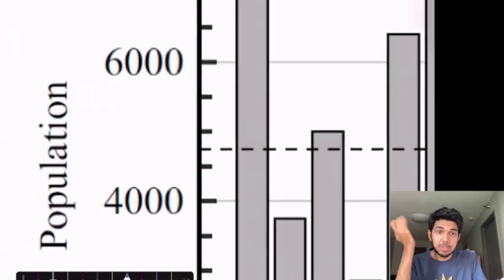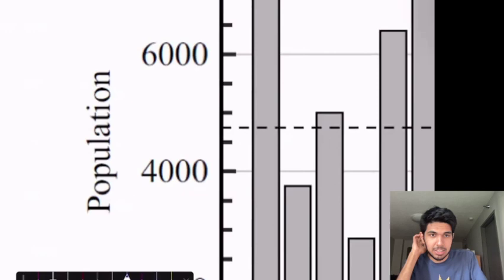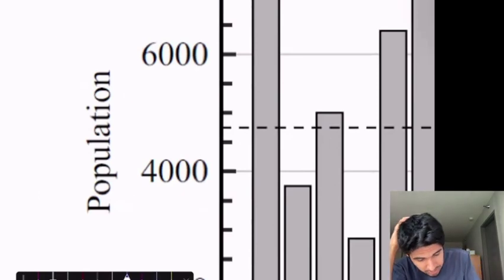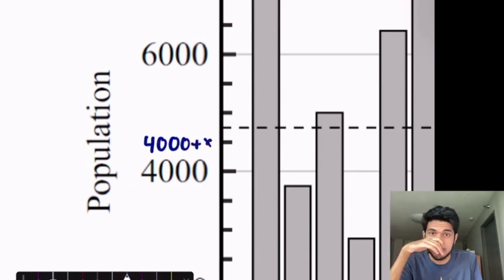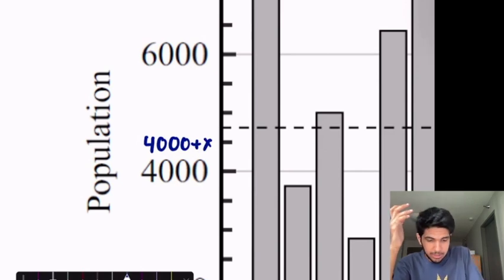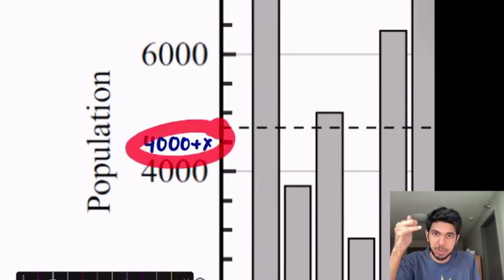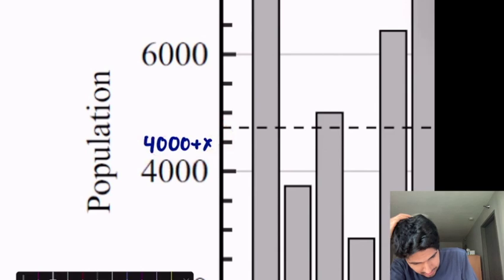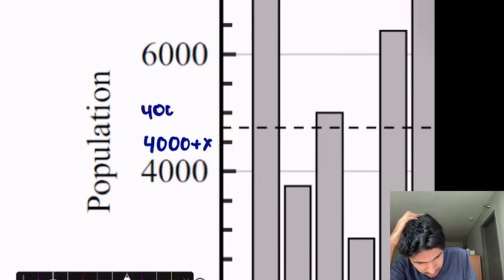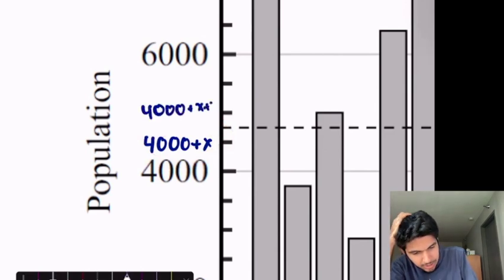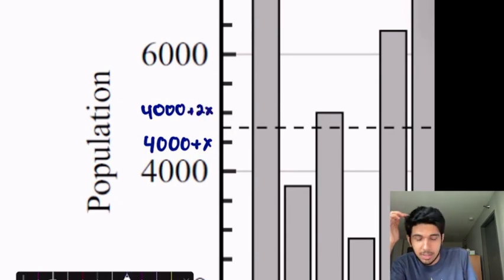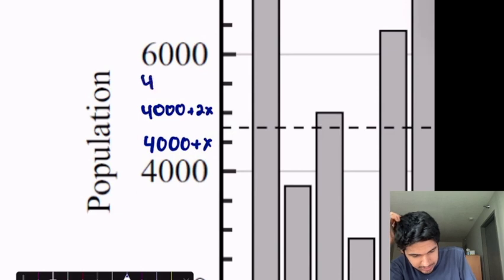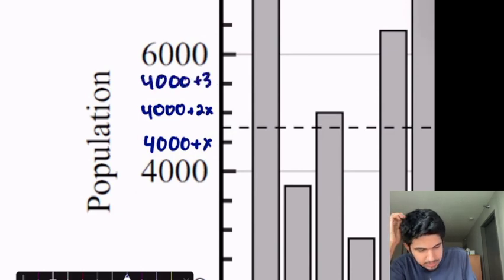Since we don't know how much we're going up by in between consecutive tick marks, let's give it a variable name. So the next tick mark will be 4,000 plus x. The next one will be 4,000 plus x, plus another x, so that would be 4,000 plus 2x. Next one will be, you guessed it, 4,000 plus 3x.